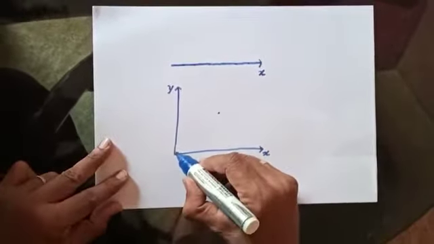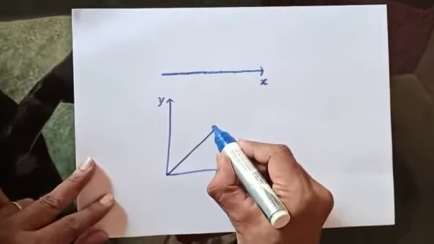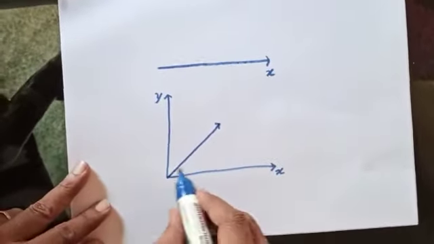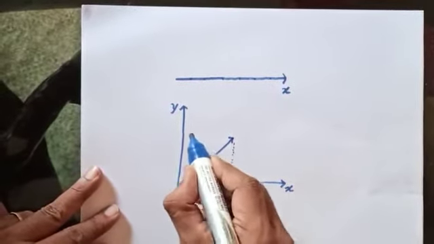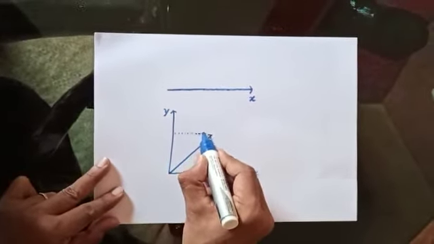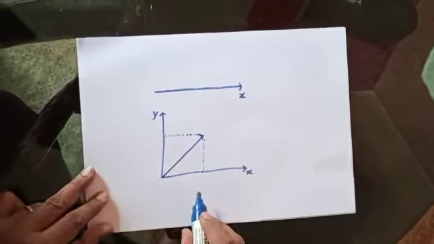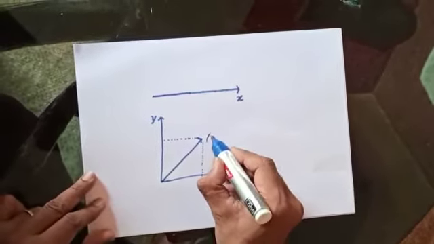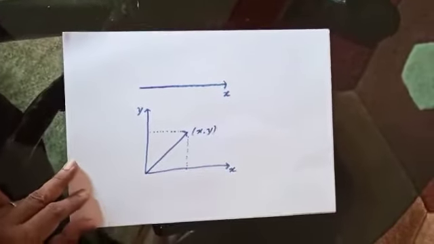It means it has two dimensions, along the x-axis and also along the y-axis, so I can recognize it with the help of x as well as y.